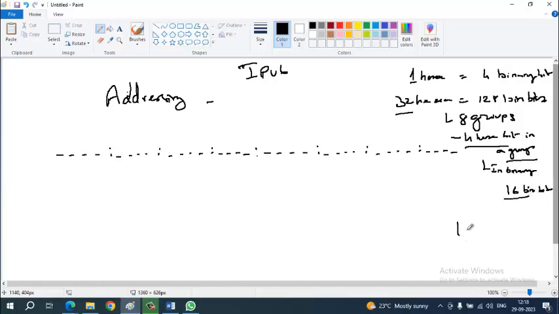So if you multiply 16 by 8, what do you get? You get the same 128. So this is 16 bit, this is another 16 bit, this is another 16 bit. This is how we should understand the size of IPv6.